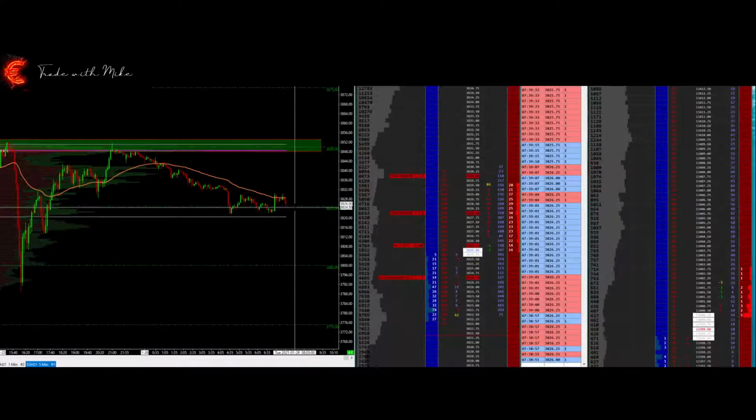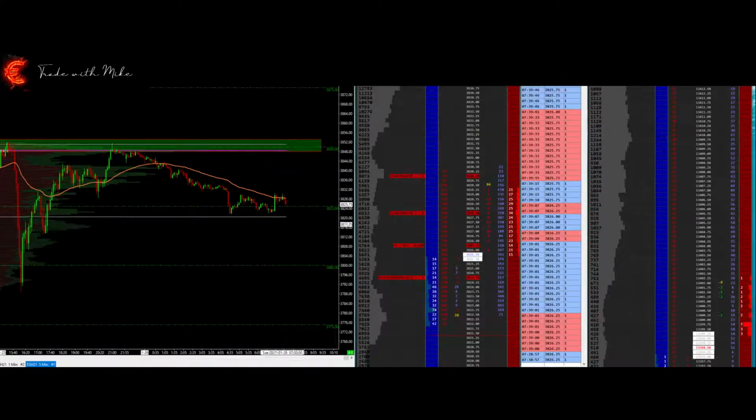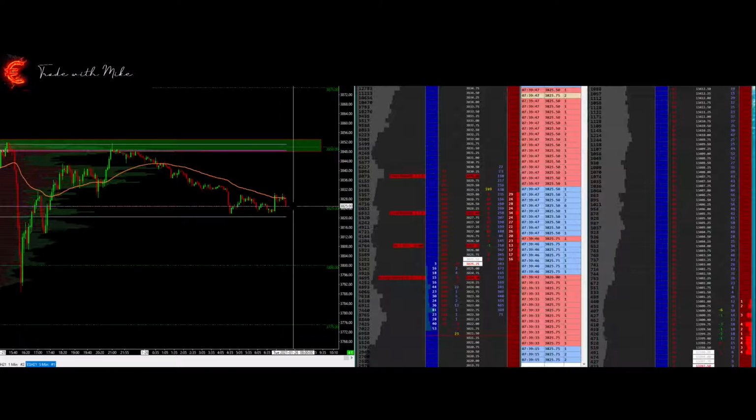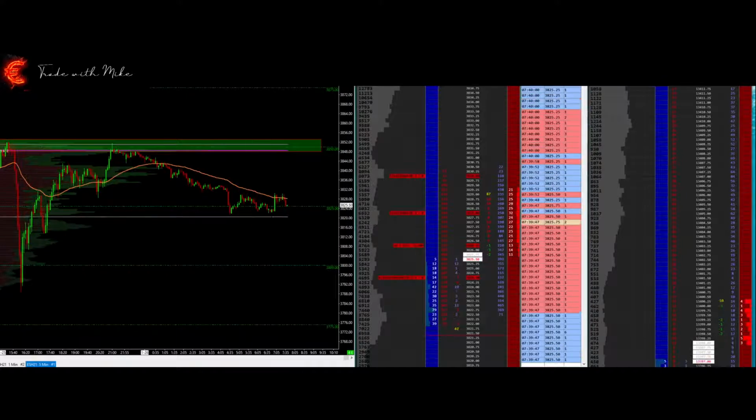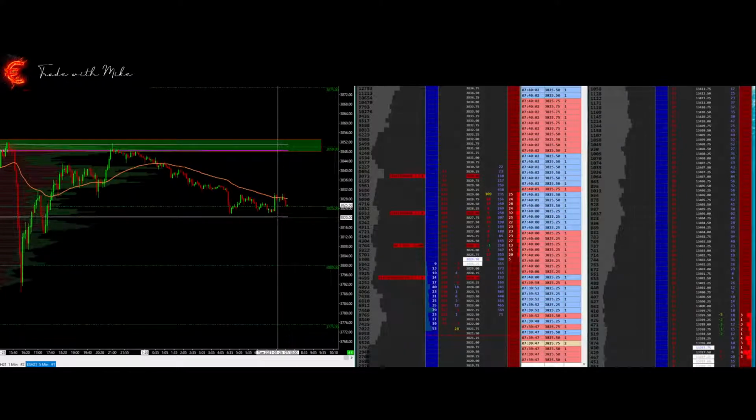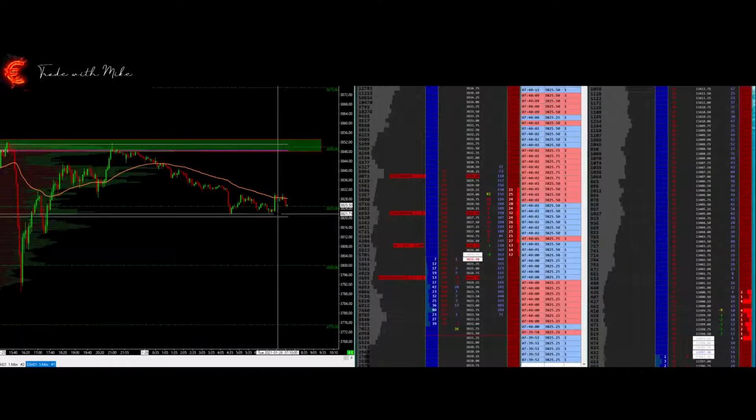Let's see if it's a good support. If it breaks down, then I'll see there's a resistance level, or a support which will become resistance. Only if the price breaks below this level, then I'll say okay, it's a bearish trend, and I'll just go short.